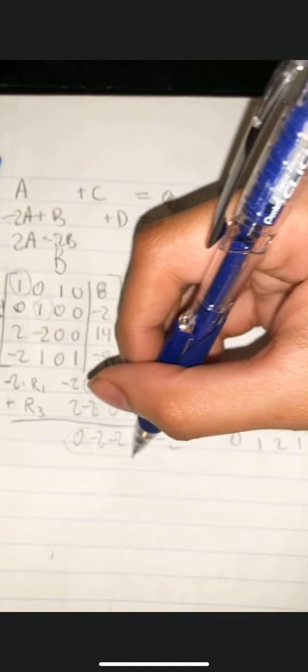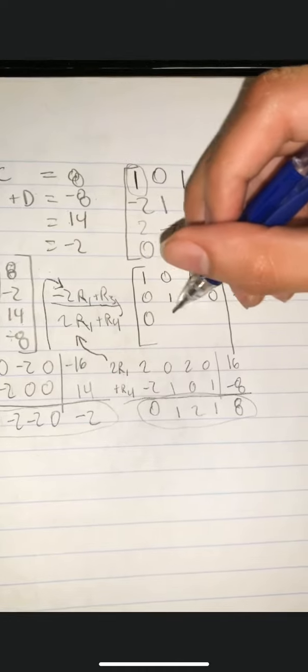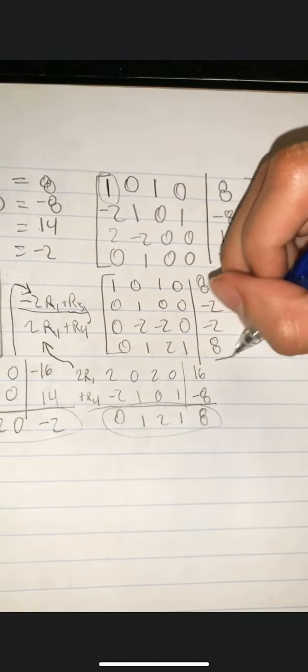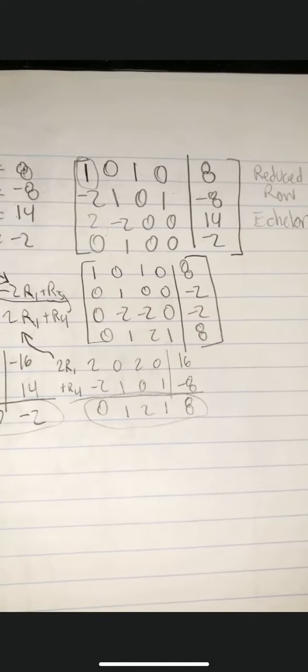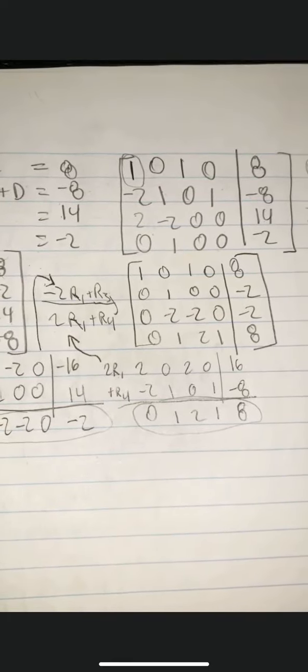And then we will place our new row 3 and new row 4, and we will replace it. So these will be the new ones: 0, -2, -2, 0, -2, then 0, 1, 2, 1, 8. So this is what we have so far, and next we will be doing another step.